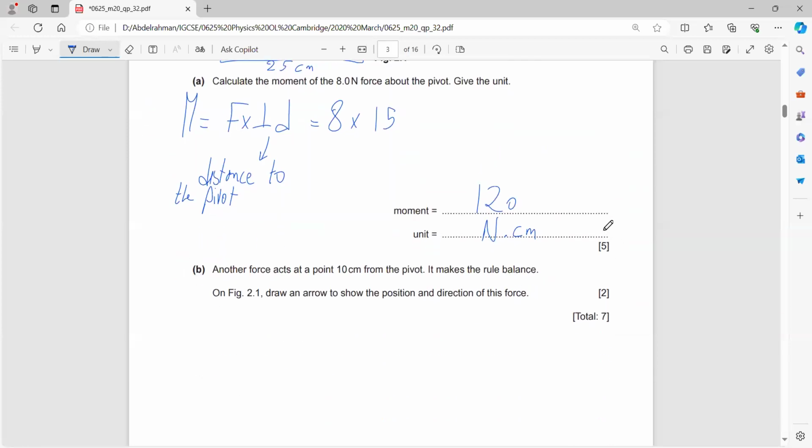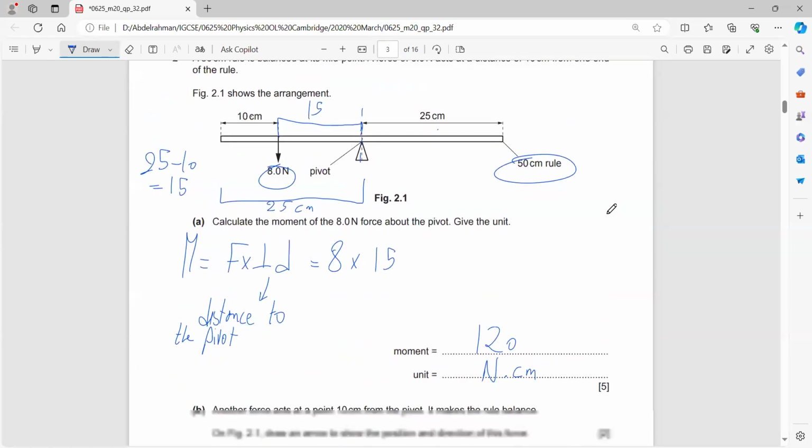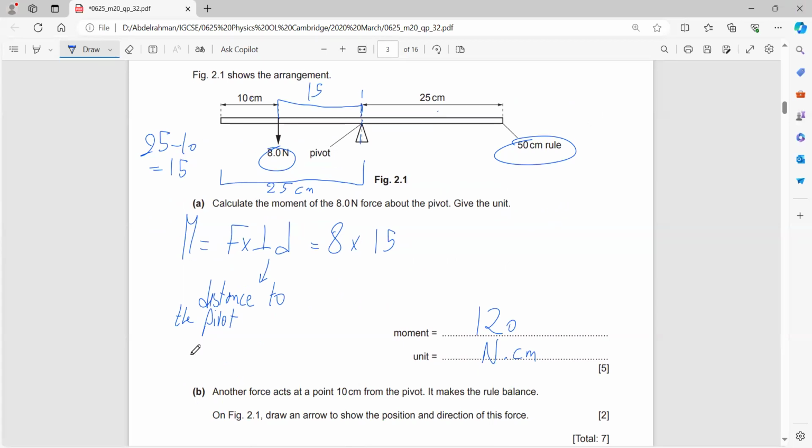Another force acts at a point 10 centimeters from the pivot. It makes the ruler balance. Draw an arrow to show the position and direction of this force. Where should this other force be? On the right and upwards.